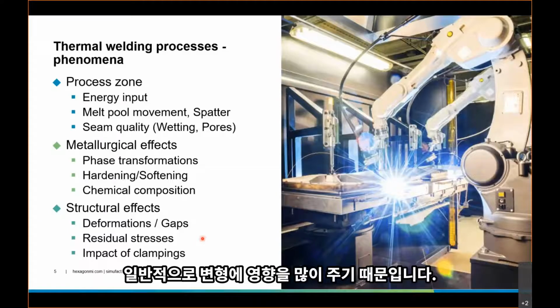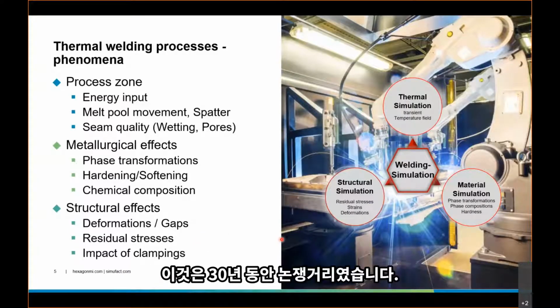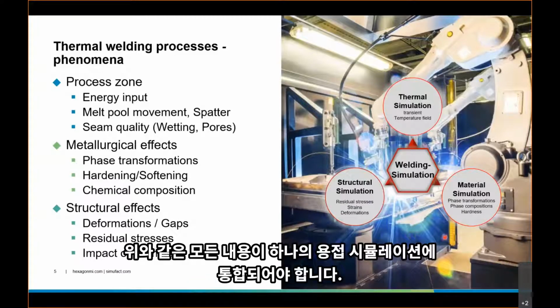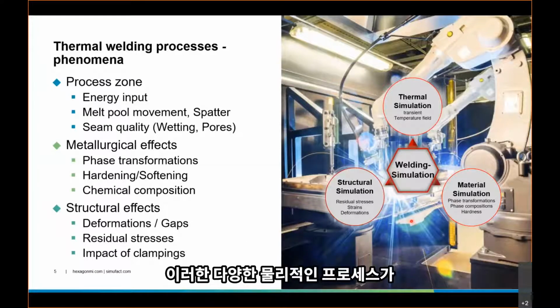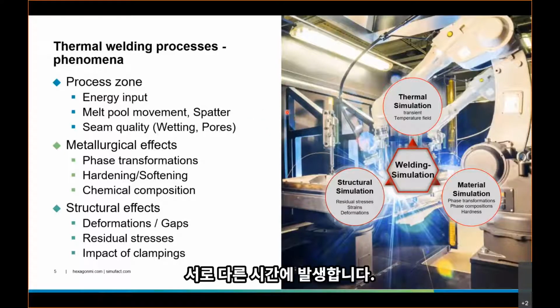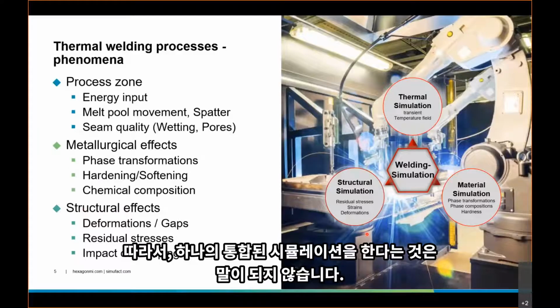So one could argue, and this is also an ongoing discussion for 30 years now, that everything needs to be combined in one welding simulation. But in fact, because all of these different physical processes take place on very different timescales, for instance, the process has very high velocities and it takes place on very small time scales, while the structural effects usually take place on much higher time scales, it doesn't really make sense to make a fully integrated and combined simulation.